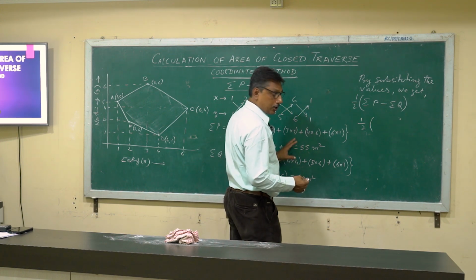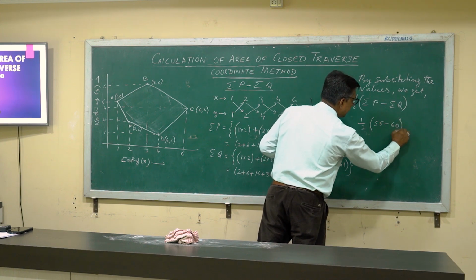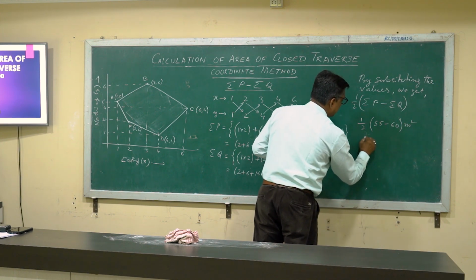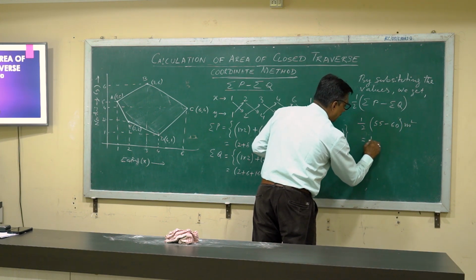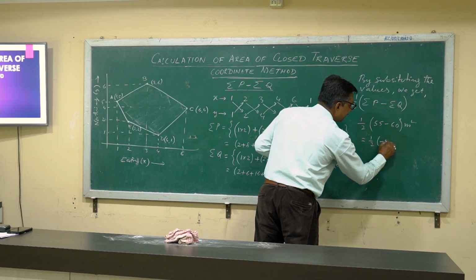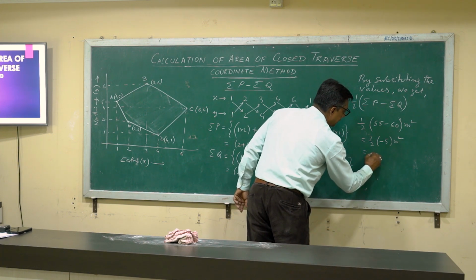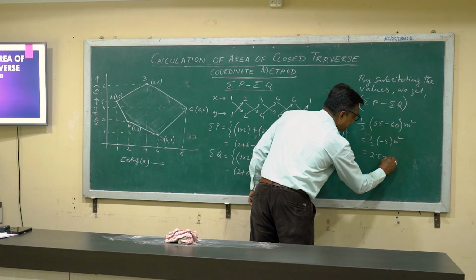Ignore the symbols. So this is 55 minus 60 meter square, which is half of minus 5 meter square. So this will ultimately be 2.5 meter square.